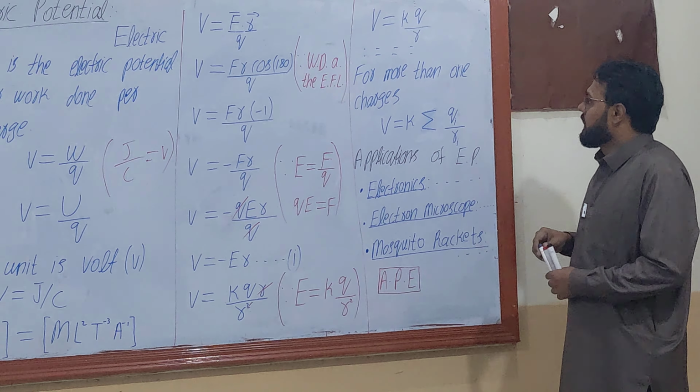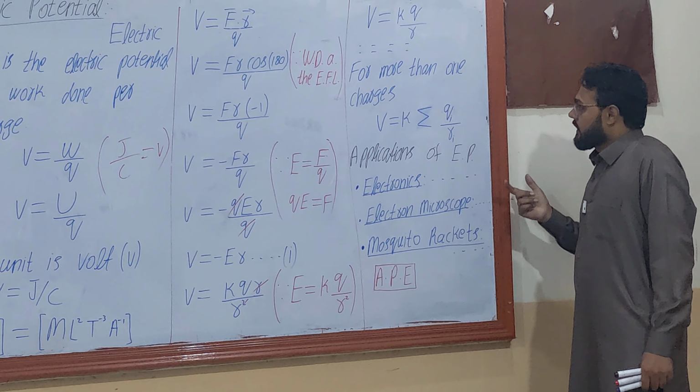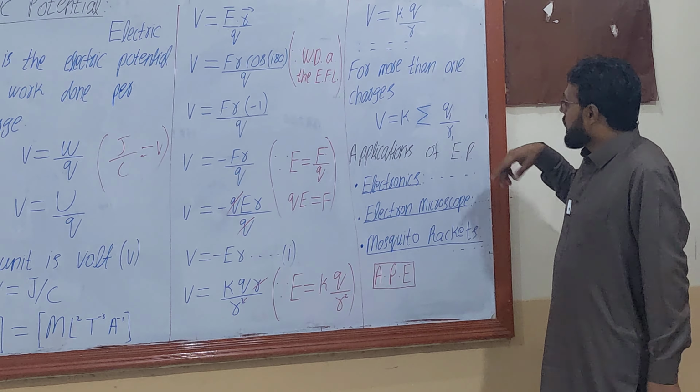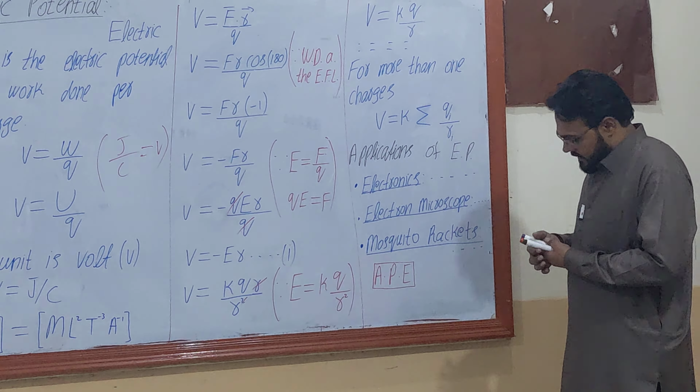For more than one charge, the electric potential will be equal to the sum of all the electric potentials. For example, if there are 10 charges, then i will go from 1 to 10. The total number of charges is n. So i is equal to 1 to n, the sum of all.